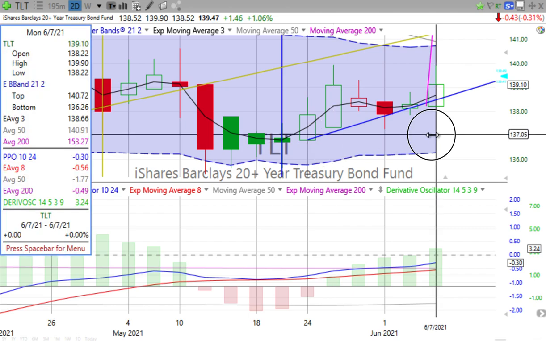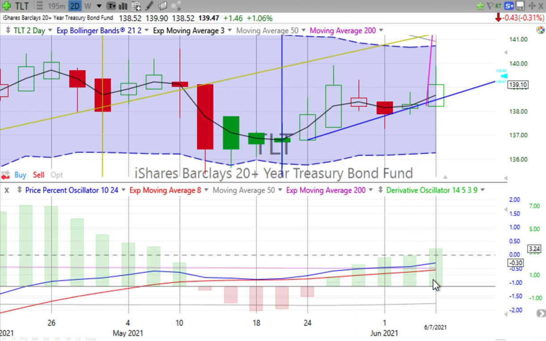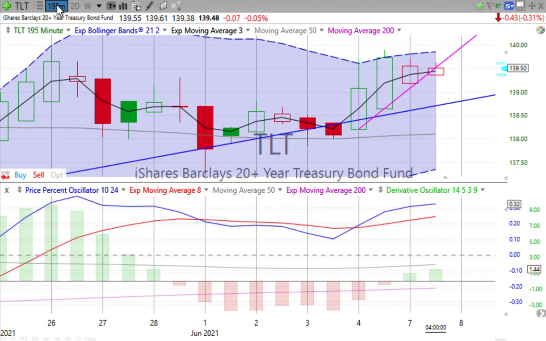So again, just 1 penny off, hitting that prior most recent high as the price percent oscillator pulls away from the red signal line, derivative oscillator gaining momentum. We can see on the half-day chart where things boomed up on Friday and then not as much on Monday, in fact sinking, like I said, a little bit, 0.31%. So we'll continue to watch and see how bonds continues to play out.